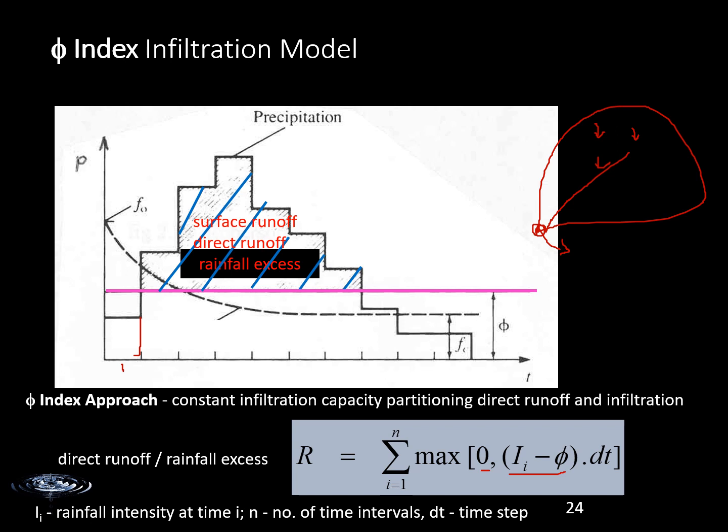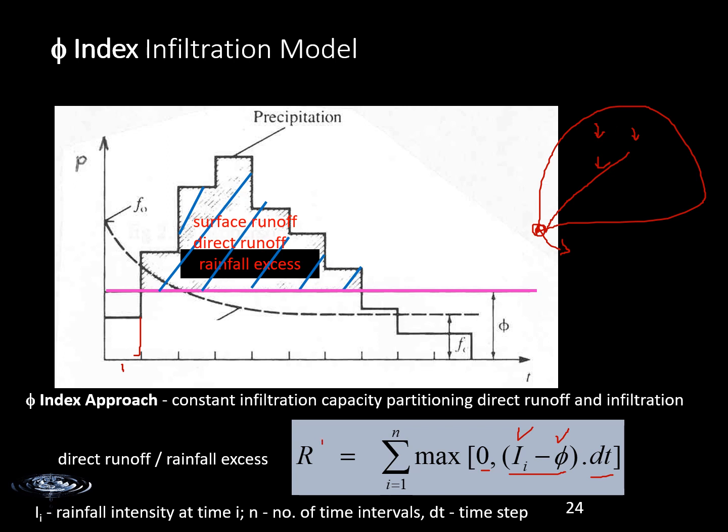All these catchments have their own phi index value, and the intensity of rainfall minus phi index times the time, so millimeter per hour times the time in hours, will give us rainfall depth in millimeter. Okay, so this is how we calculate the direct runoff or rainfall excess.